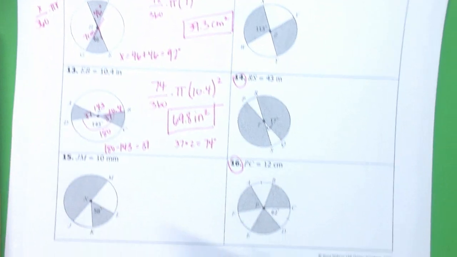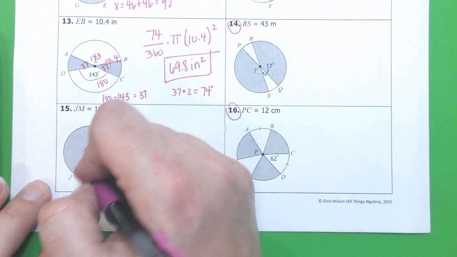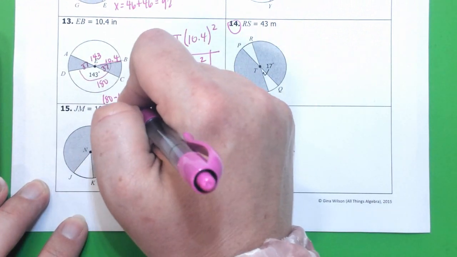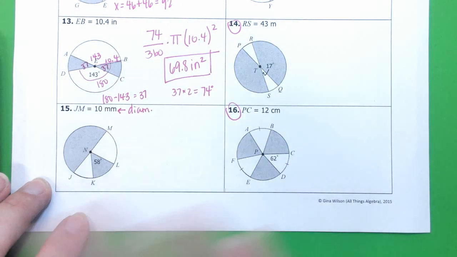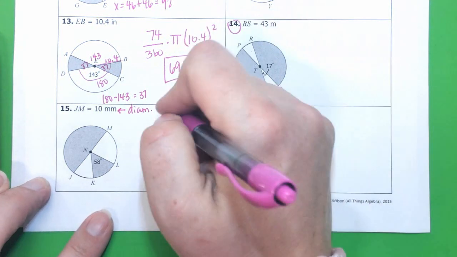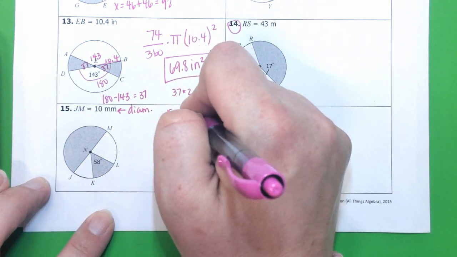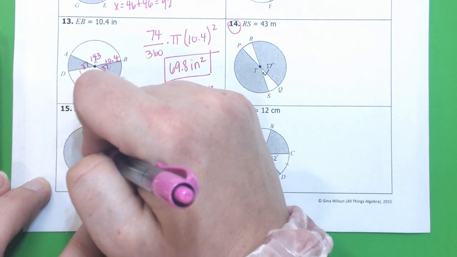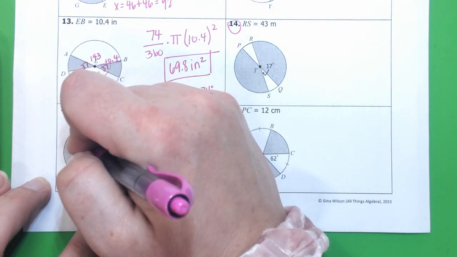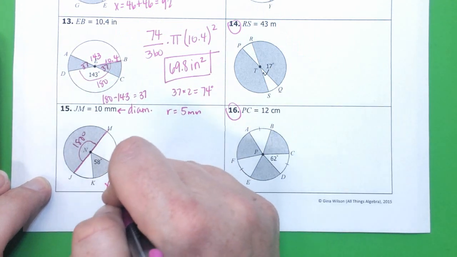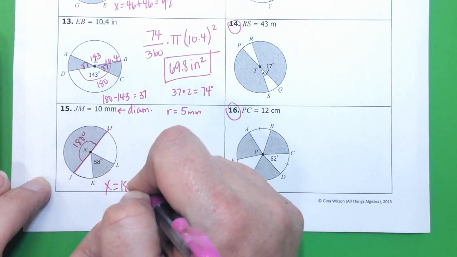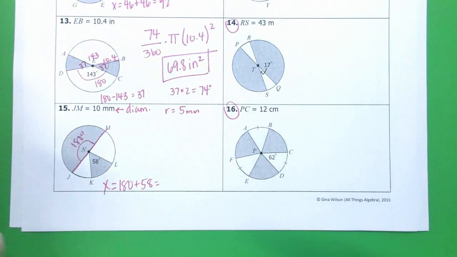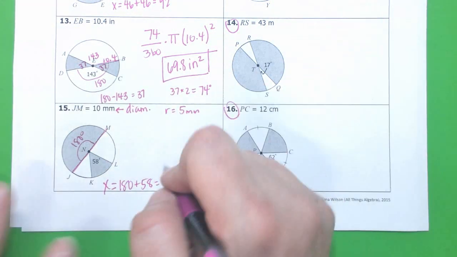Okay? All right, now here we go. JM. JM is my diameter. But I don't want my diameter, I want my radius. So my r is going to be half of that, which is 5 millimeters. Okay, now here I know that this is a diameter, so this is 180 degrees. So to find my x, what I do is I add 180 plus 58. I get 238.